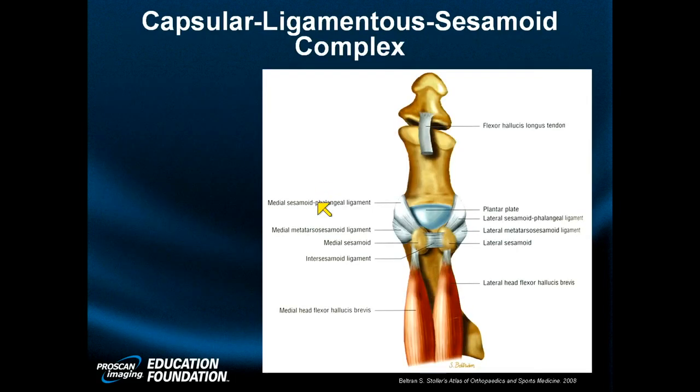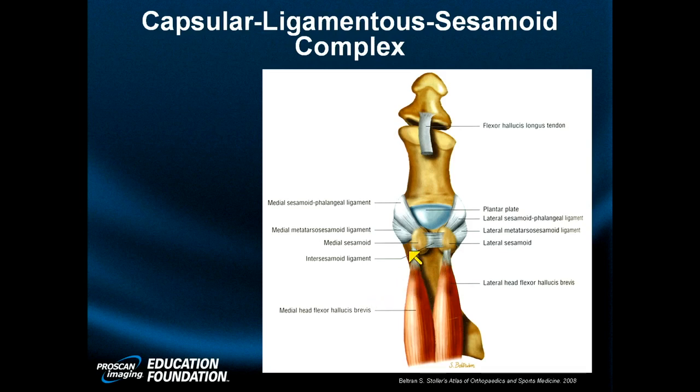Here's a look at the plate in the coronal projection. The plate is depicted in blue. Here are your suspensory ligaments, phalangeal and sesamoid, attached to each sesamoid. There's another structure attached to the sesamoid, isn't there? It's the flexor hallucis brevis, the oft-forgotten muscle.